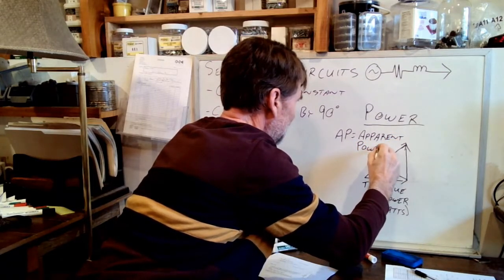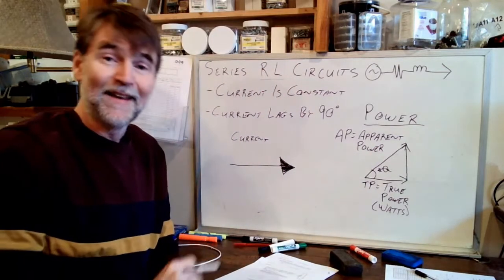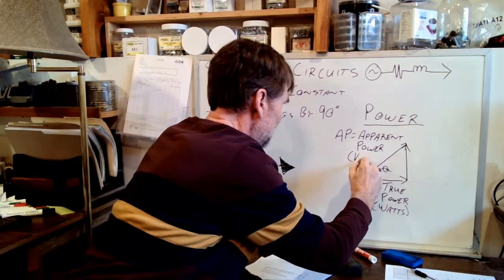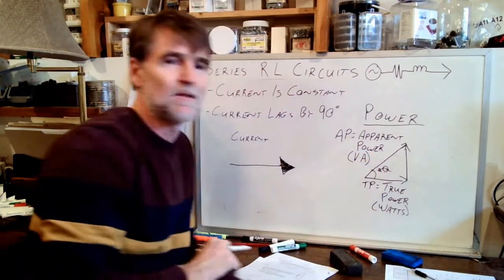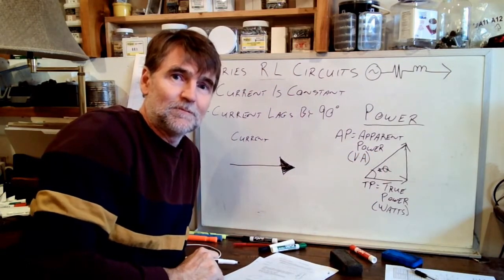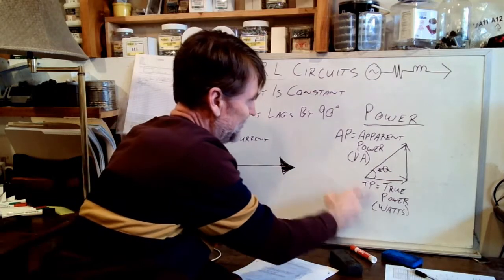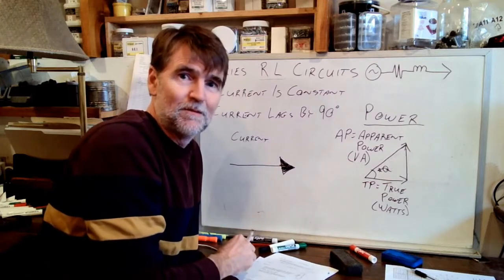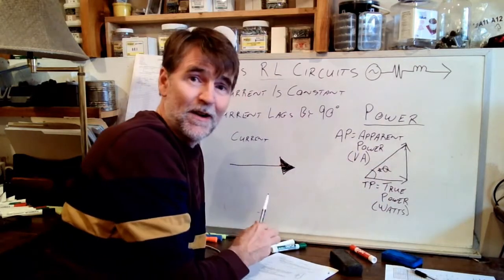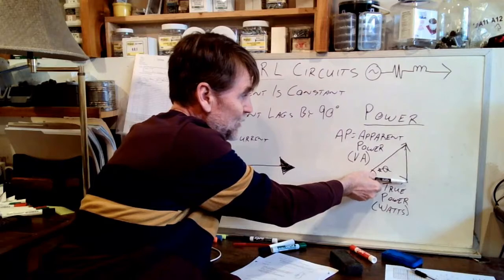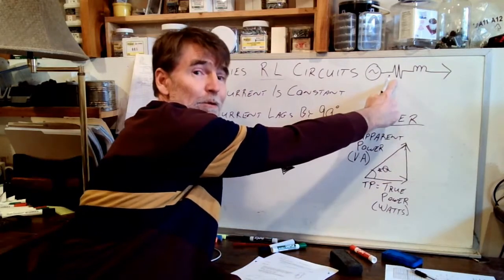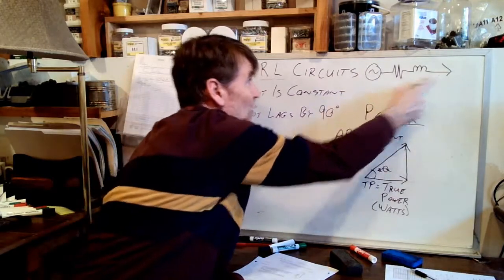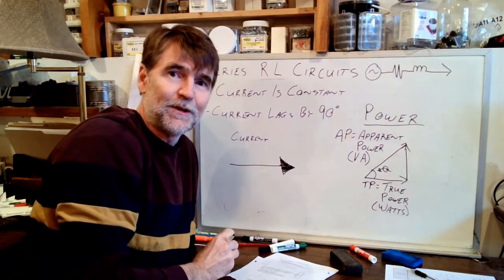Okay, and apparent power is expressed using the units volt amps. Okay, so this is the difference. Here it is. The difference between watts and volt amps. They are different sides of the triangle. Watts is simply the work being done by the resistor. Volt amps is the total power calculated in the entire circuit.